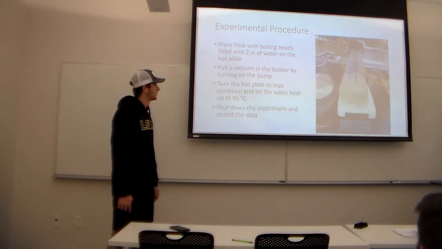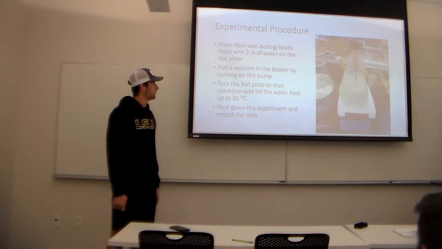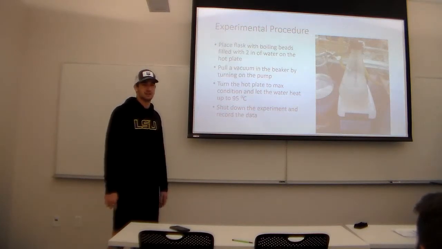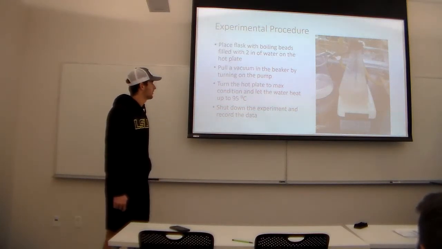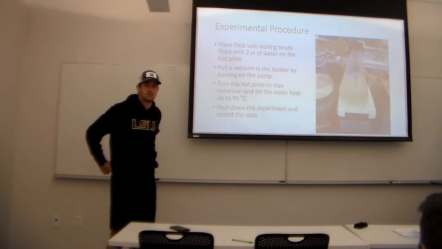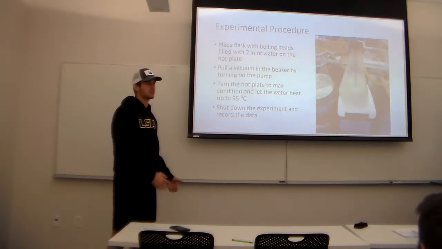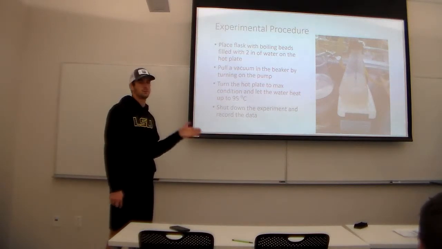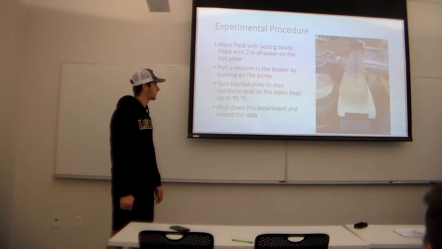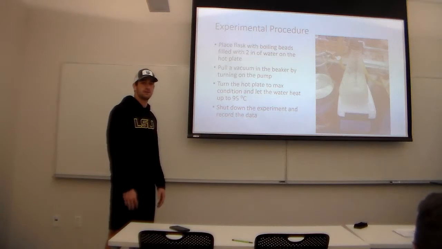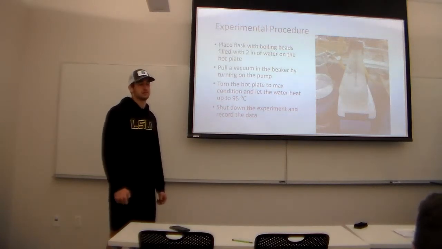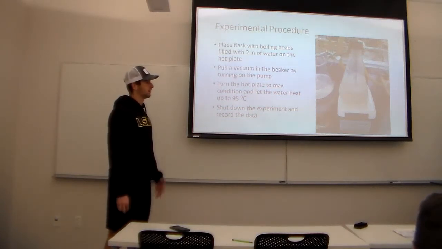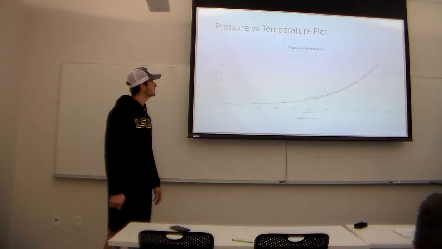We got it to around 1 psi, which was pretty close to a vacuum. And then we turned on the hot plate to our max temperature and let the system run. It took about 5-10 minutes to get from room temperature all the way up to 95 degrees. And then at 95 degrees, we shut off our valves, stopped the data, and then turned off the system.